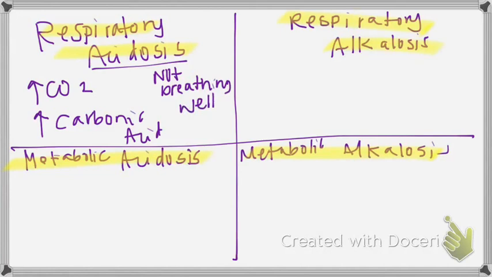So short of breath. With respiratory alkalosis, the opposite of not breathing well is hyperventilation. So excess breathing. You've got excessive CO2 coming out.